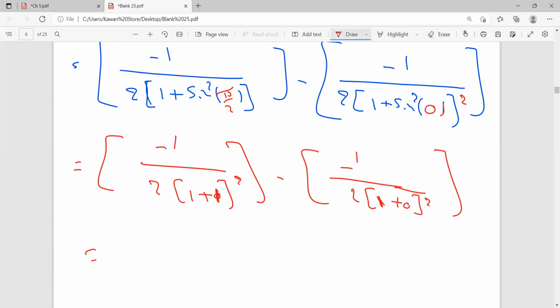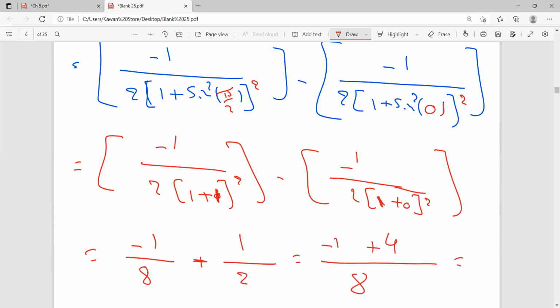So you have 2. It will be minus 1 over 2, 4, 8, right? Minus is equal to 0, minus 1 over 2. And 8 minus 1 plus 4, 3 over 8.